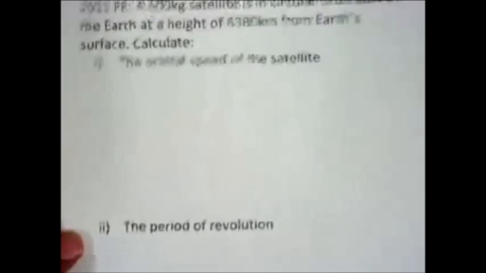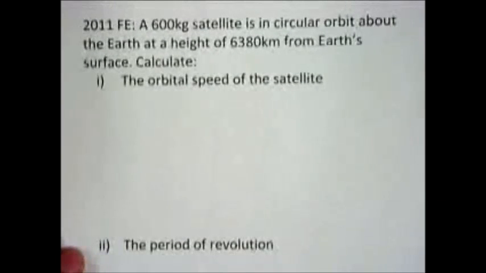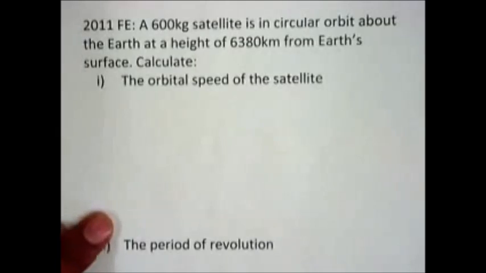Okay, the other question is similar to what came in test 2 as well. This is also from 2011 final exam paper. It says a 600 kg satellite is in circular orbit about the Earth at a height of 6,380 kilometers from Earth's surface. Calculate the orbital speed of the satellite.